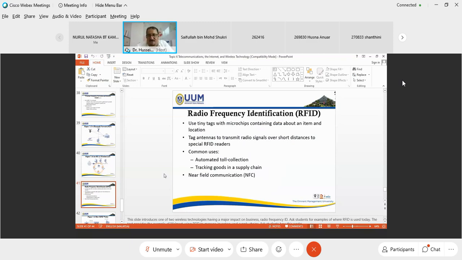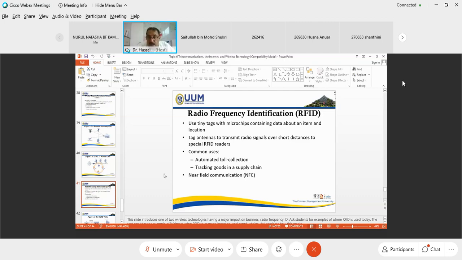Just to sum up, or to refresh your memory: what is radio frequency identification? It is a tag. We are familiar with it here in Malaysia when we go through the toll, which collects money. The toll reads the tag, collects money and opens for us.